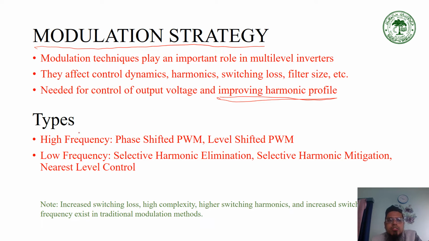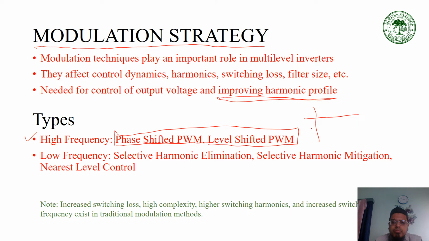Then I can classify the modulation strategies into two broad categories. One is the high frequency modulation scheme, in which phase shifted PWM and level shifted PWM come. Phase shifted PWM is like you have these types of signals which are phase shifted from one another.